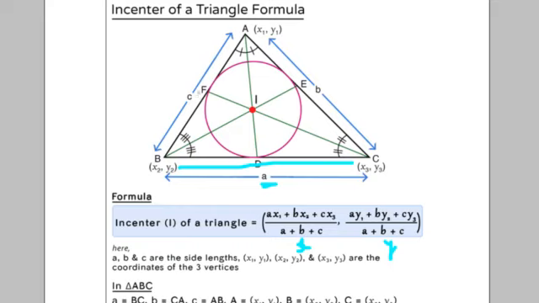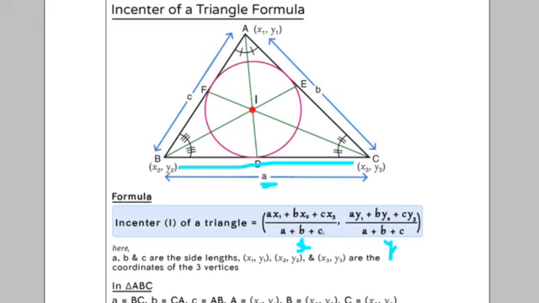Similarly, c is the length of the side AB, and b is the length of the side AC. So we can summarize: a, b and c are the side lengths of the given triangle.